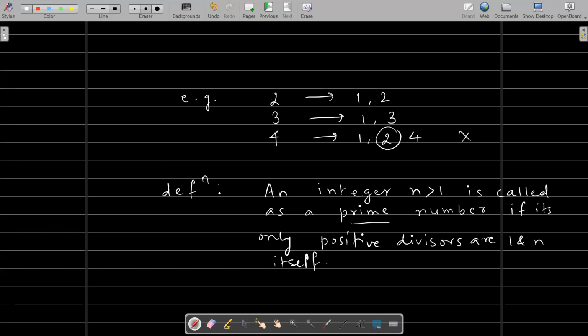Or in other words, equivalently, an integer n greater than 1 is a prime number if it has exactly two divisors.